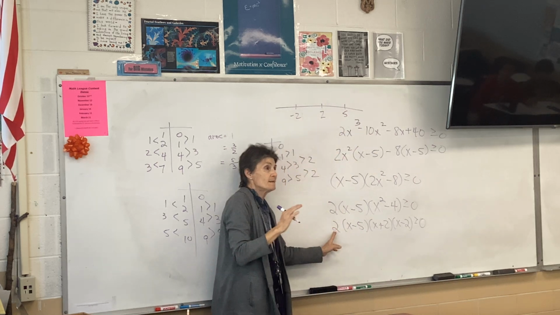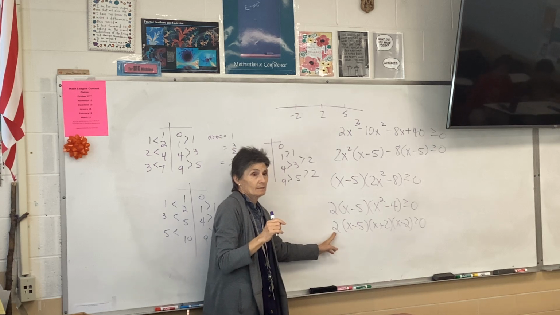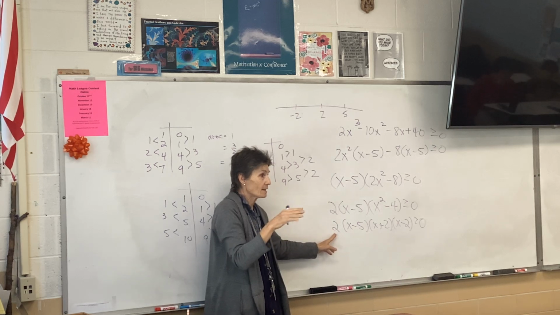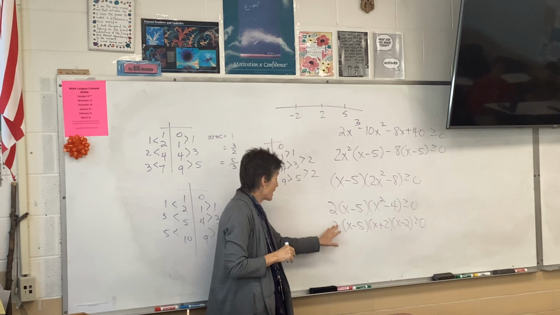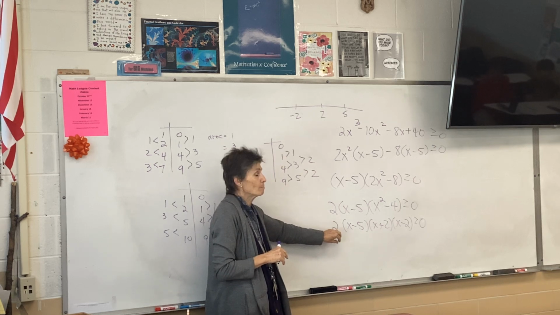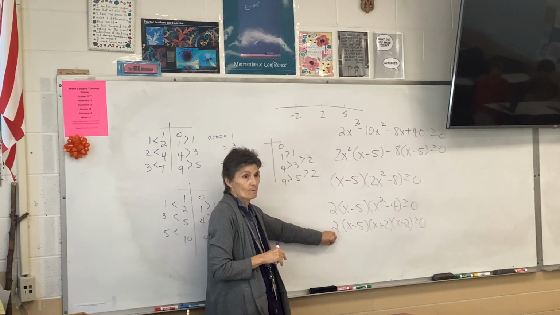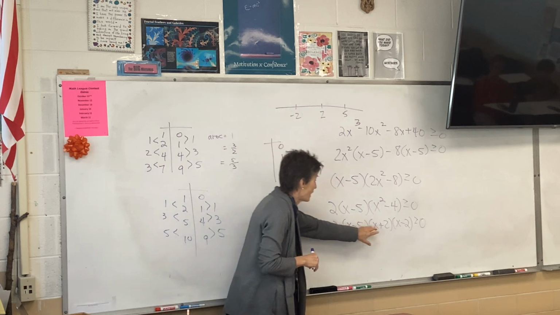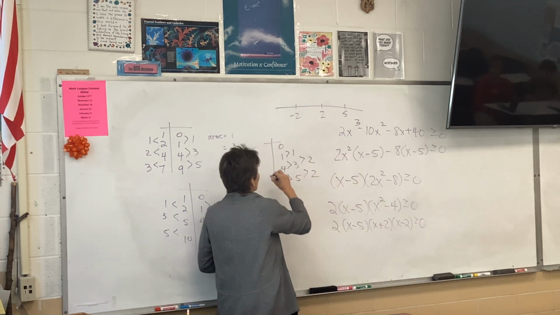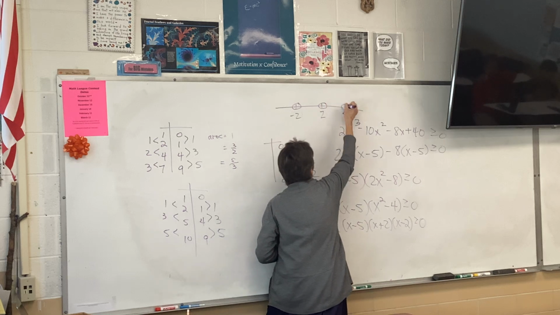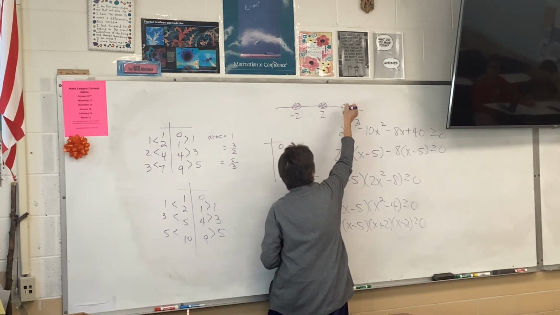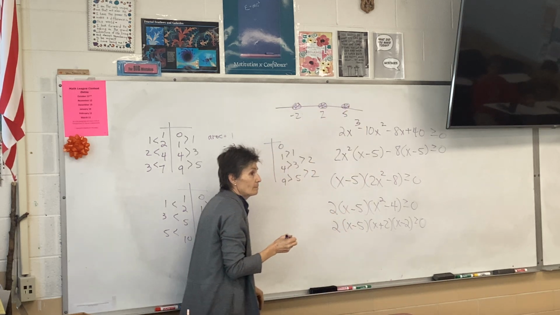Remember, only the x's get dots on the number line. Only the x's can be zeros. So that 2 is there and it's fine, but it doesn't get a 0. There's no dot for that. There's just dots for the x's. And those dots would all be closed in, right?